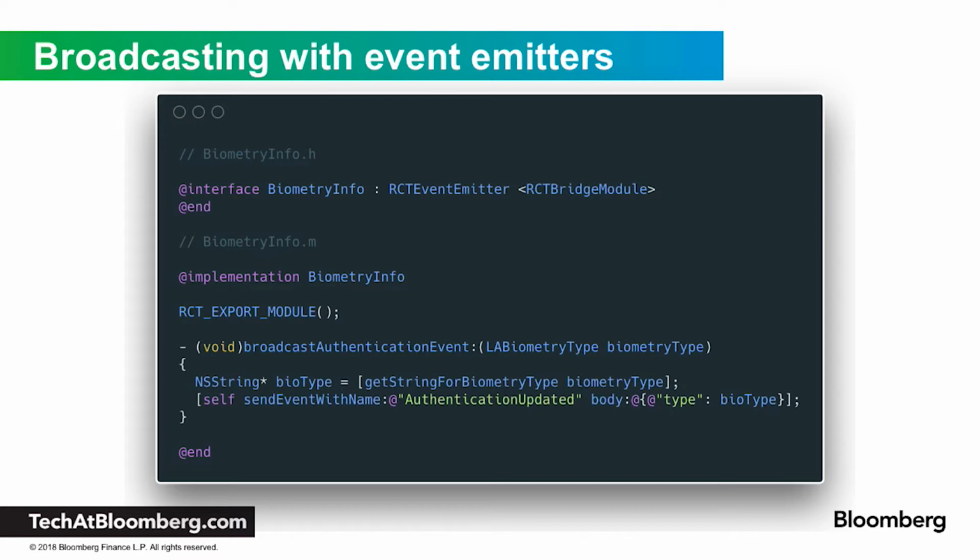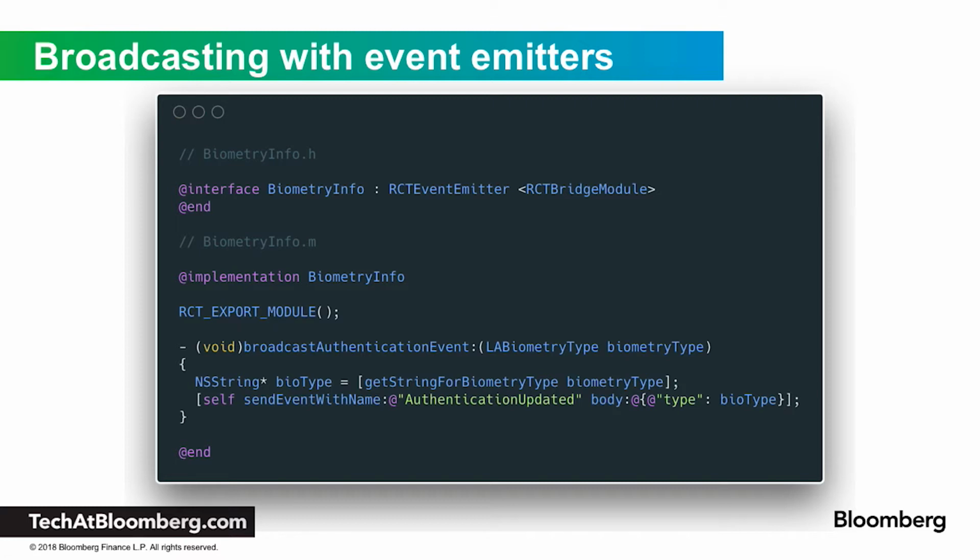So this essentially means that our module is subclassing RCT event emitter, which is the module provided by React Native. And then every function inside there essentially can broadcast a message to React Native. So you can set a listener for it in the JavaScript code.